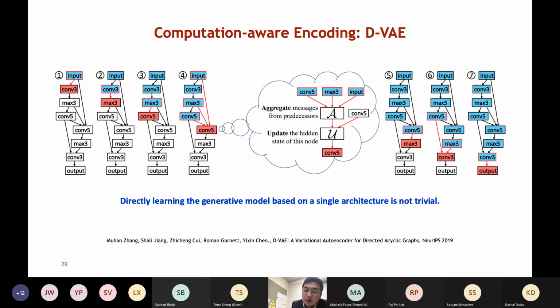This approach, however, is very challenging in practice because directly learning the generative model based on a single architecture is non-trivial. As a result, its pre-training is much less effective, and the downstream performance is not really competitive compared to the state of the art.